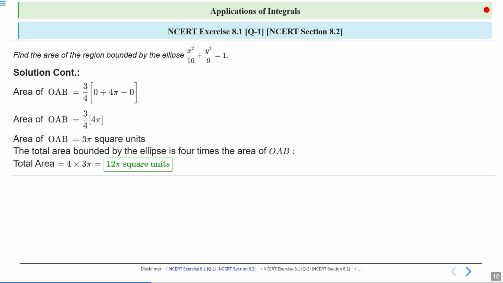If there is any symmetry, then we don't need to calculate the entire area. We break it into pieces, calculate a single piece, and multiply it by a constant multiple to get the area of the entire region. As in this case, to calculate the area bounded by the ellipse, we calculate just the area in the first quadrant and multiply it by 4 to get the area of the entire region bounded by the ellipse.